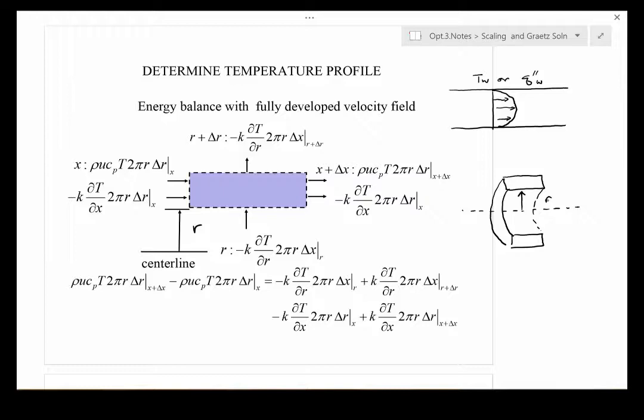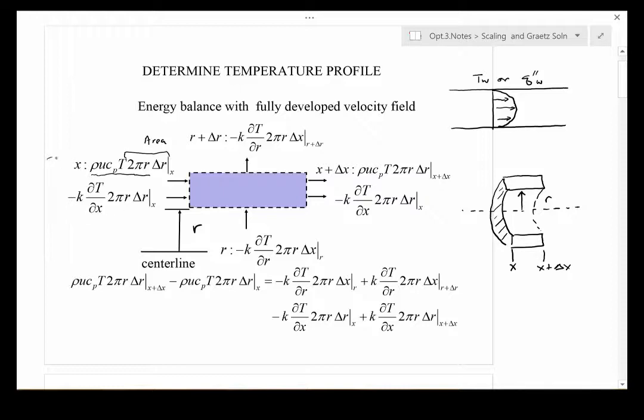At the x face, so let's make sure that's clear, this is the x, and this is the x plus delta x location. We have an enthalpy flow in, rho u Cp T times 2 pi r delta r. That 2 pi r delta r is the area associated with this flow, cross-hatched here.